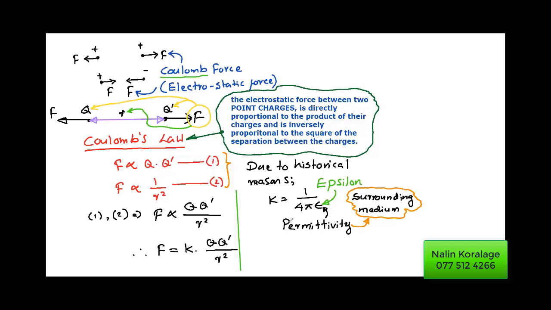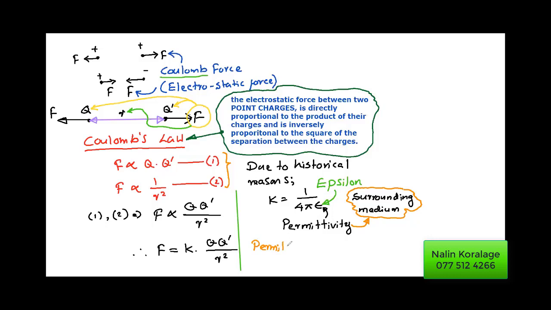As it is the most frequently given medium, the vacuum or free space, we use a special version of epsilon to represent the permittivity of the vacuum or free space, as it is used so frequently. So I'm going to write permittivity.